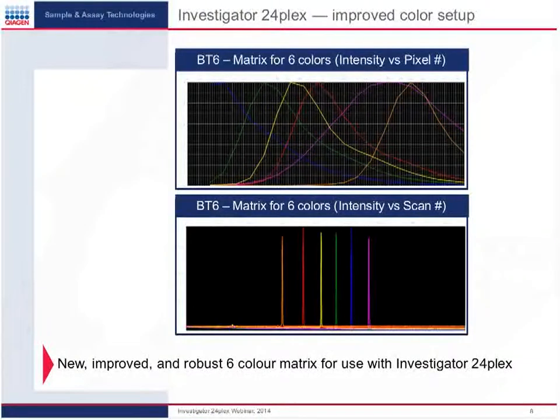Okay, next slide. I present you the new colors. We set up a 6 color matrix, so it's called BT6. I hope you can see it in the upper figure. So we have a new color. This is a purple color. This is shown here, the wavelength maxima. This is between the orange and the red maxima.